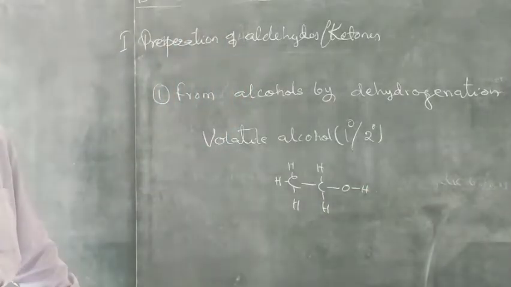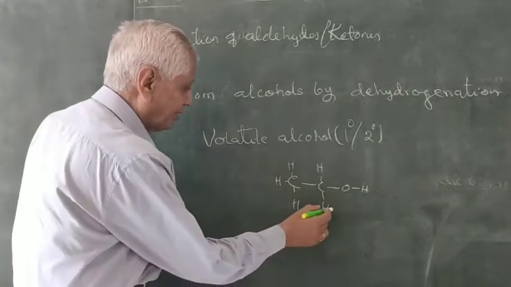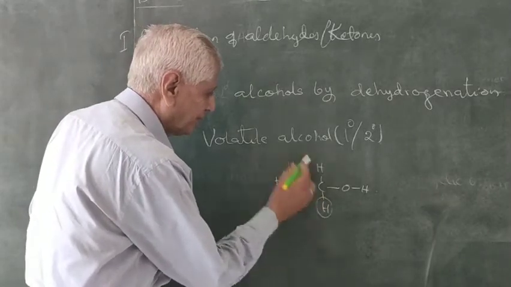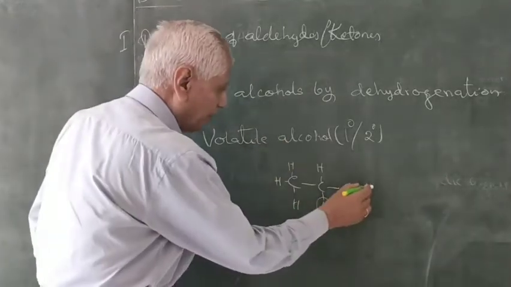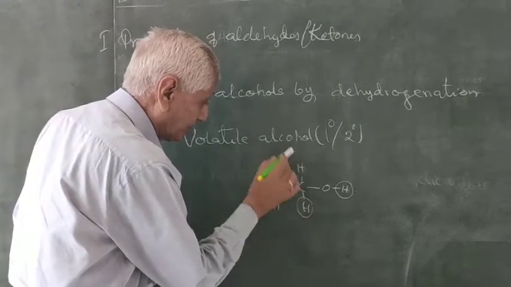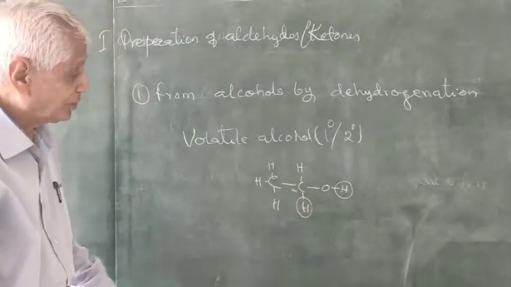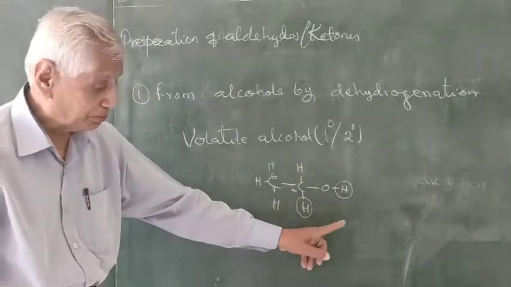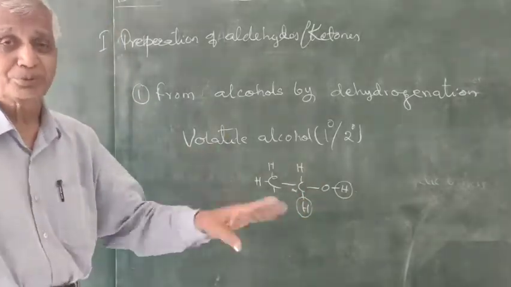From this we can get the aldehyde by removal of H of the functional group and H of the alpha carbon. This is the alpha carbon. So H of the hydroxyl group and alpha hydrogen atoms are removed.